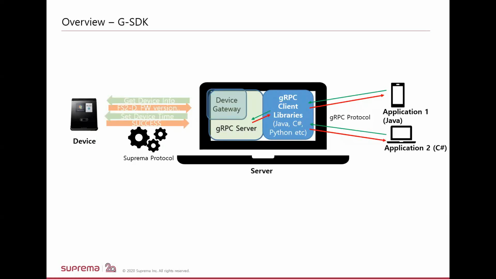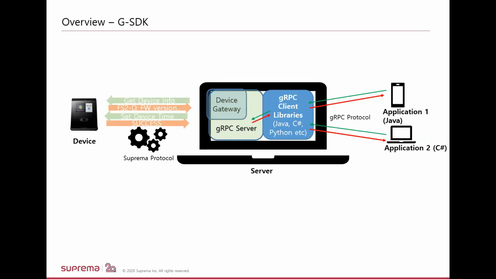For those who may not be familiar with gRPC, let me briefly explain what gRPC is. gRPC is an open source remote procedure call system initially developed at Google in 2015. One of the reasons the concept of gRPC was applied is that it can support multiple languages.